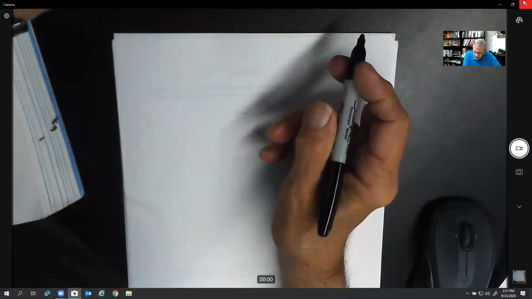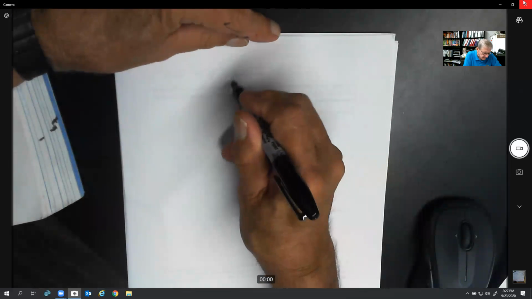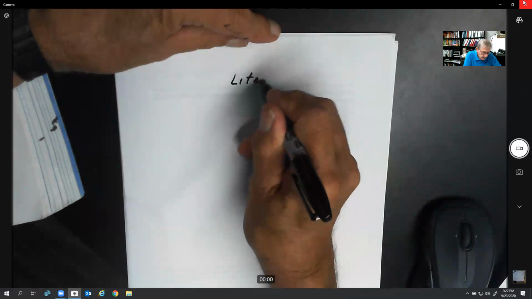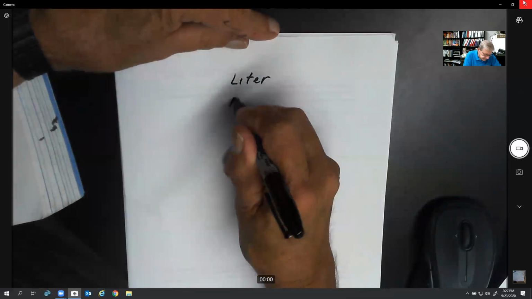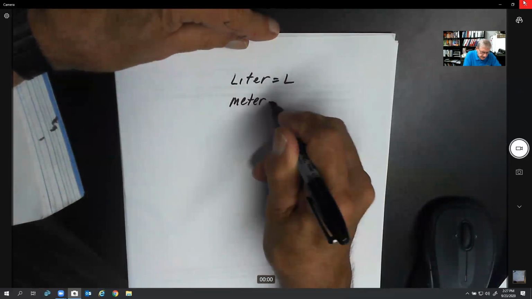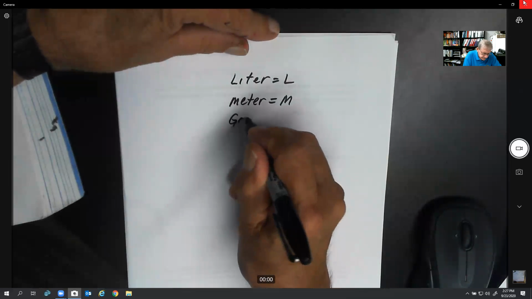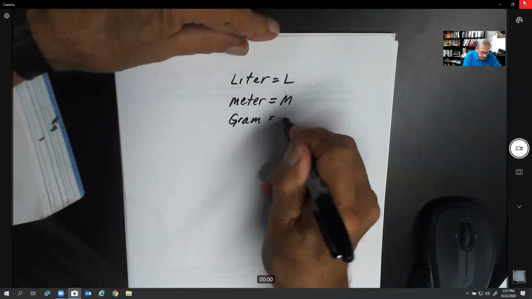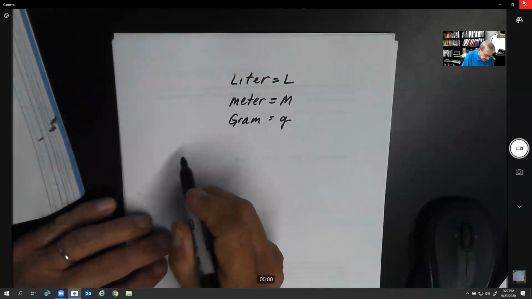Okay, the major units in the metric system are the liter, the meter, and the gram. We call the liter L, the meter is M, of course, and the gram is G. Those are the major things, and we have a chart. This is how I remembered it.